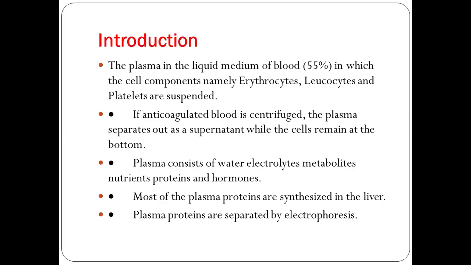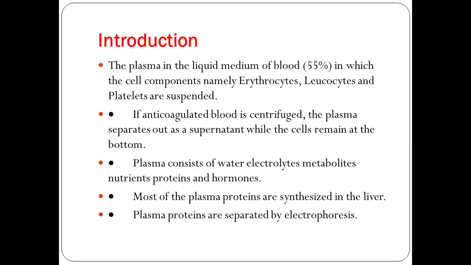As you all know, plasma in the blood is 55% and the remaining 45% is blood cells. In anticoagulated blood, after centrifugation, we can separate the plasma.